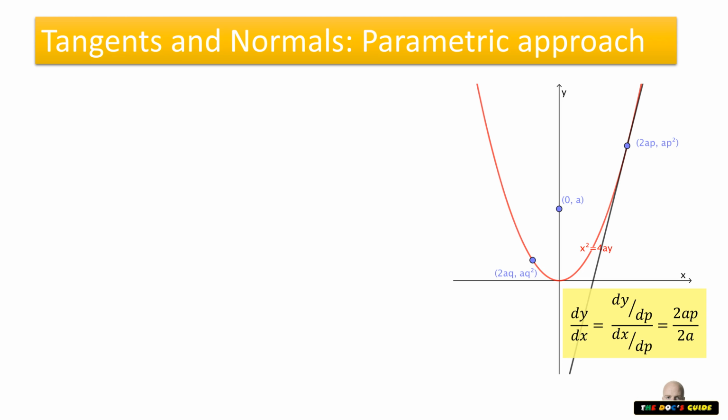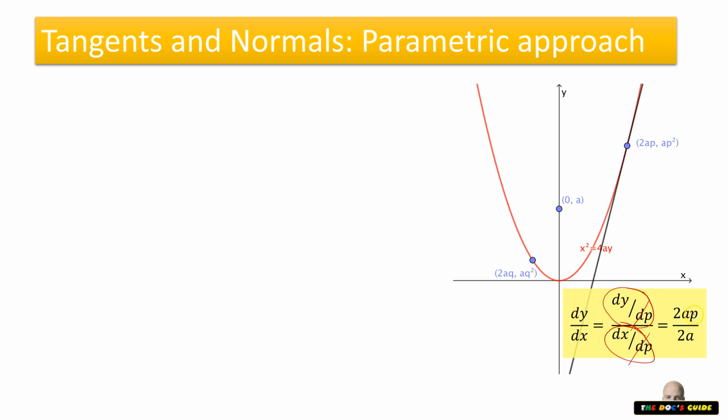So we saw this in the chapter on the derivative, where we can say that dy/dx is dy/dp over dx/dp, so treating them basically as fractions, these dp's effectively cancel out.